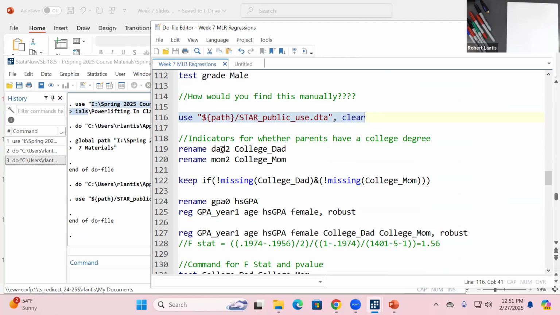So I had an initial idea, and we'll work through some different topics. There's a variable in this data set called dad2, mom2. This is a dummy variable for whether or not the person's parent went to college. We're going to end up looking at someone's GPA as a freshman in college and some of the things that might help predict that. If I'm an admissions department, this is maybe something I'd want to do.